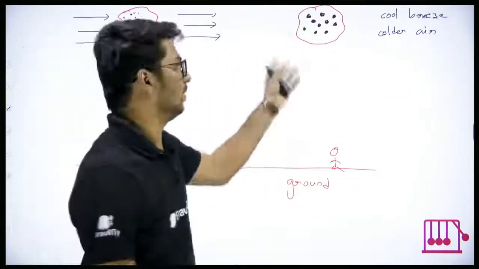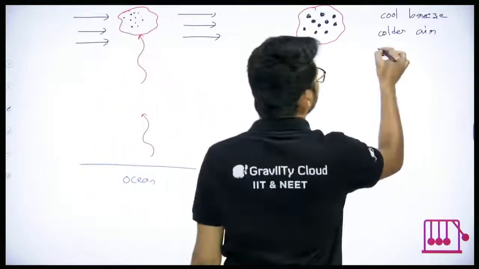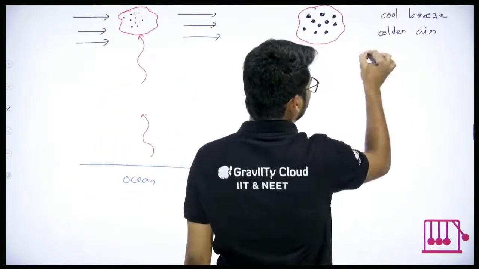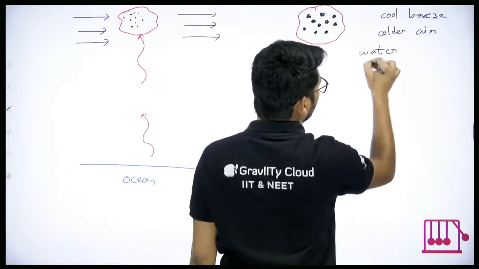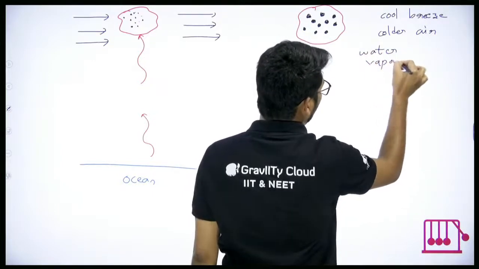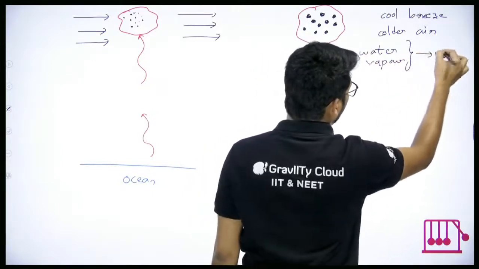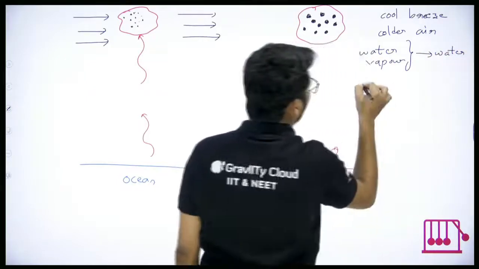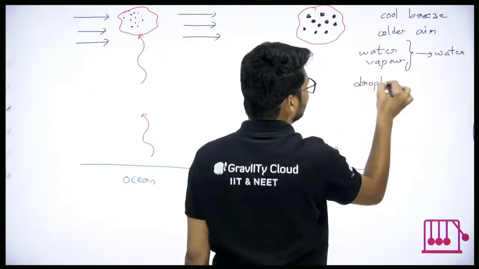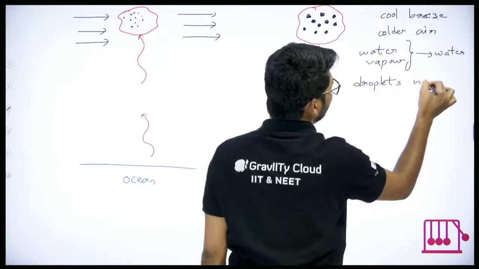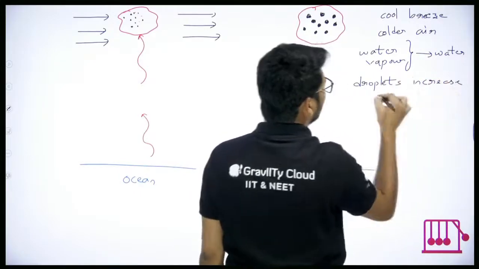Because of the cool breeze or colder air, what happens? Again, more water vapor converts into water. So droplets increase in size. They become heavy.